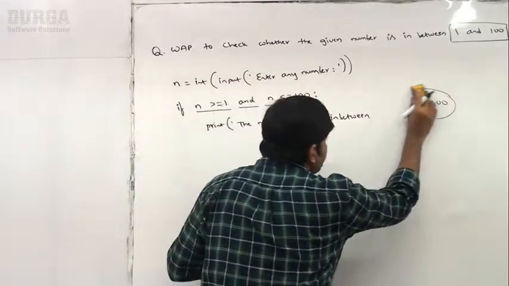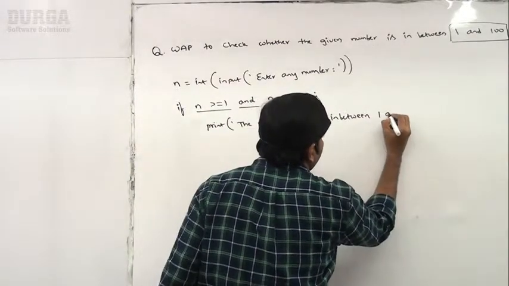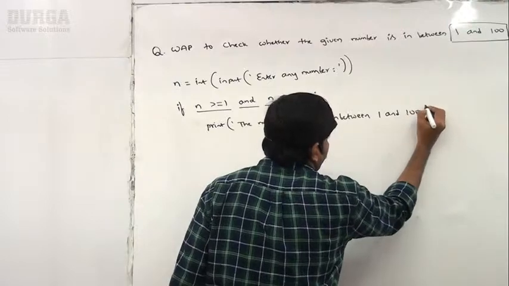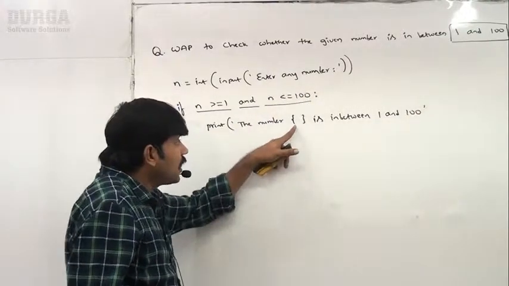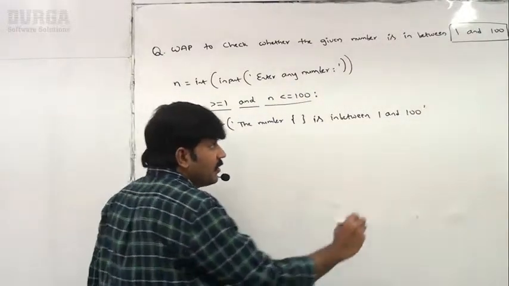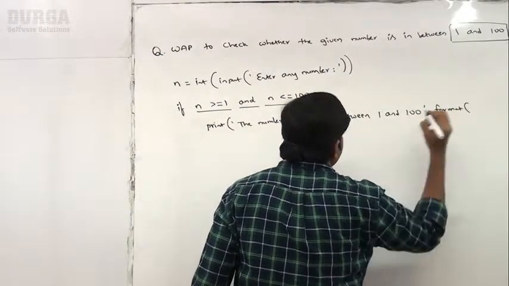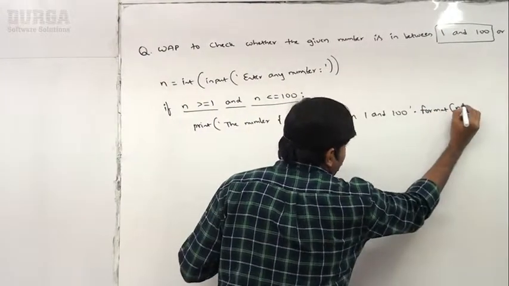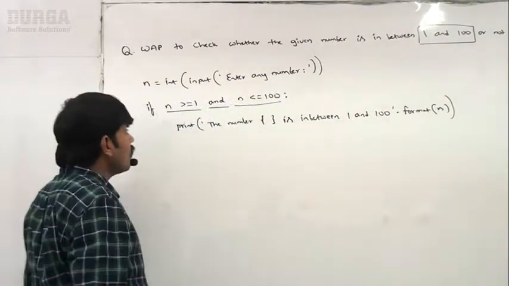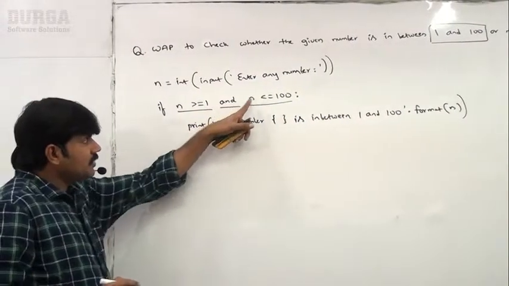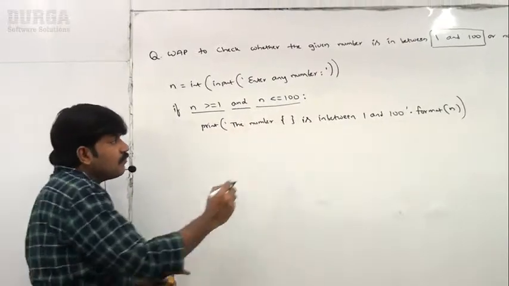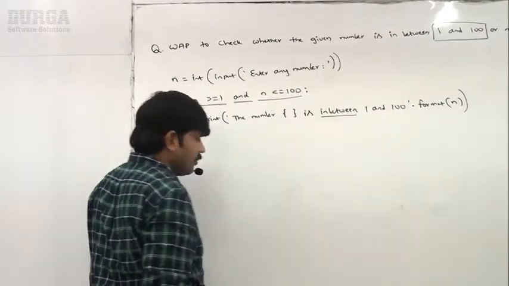I used a replacement operator, curly braces, right? That's why .format replaces the curly brace with n. That's all. If this condition is satisfied, the number is in between, sir.